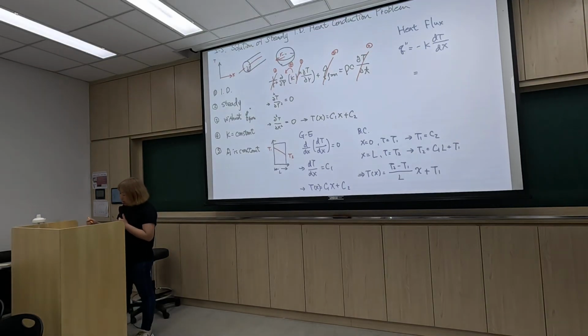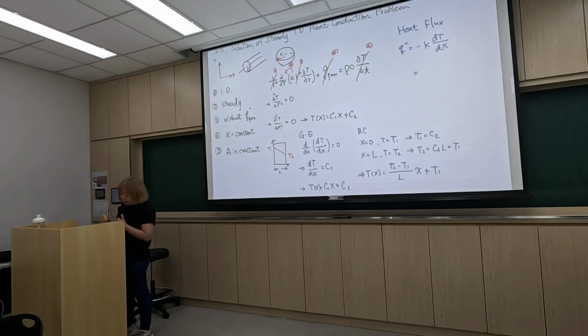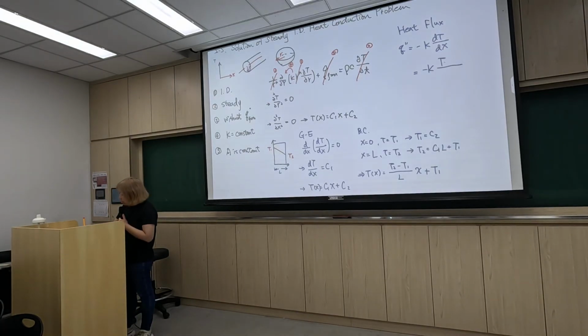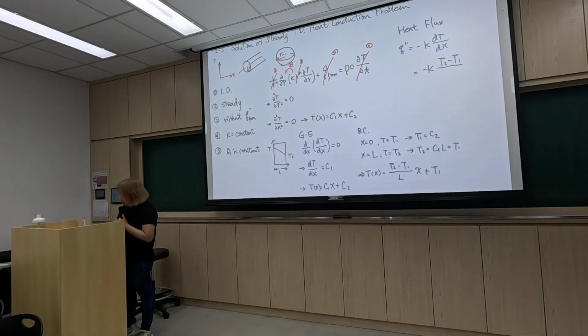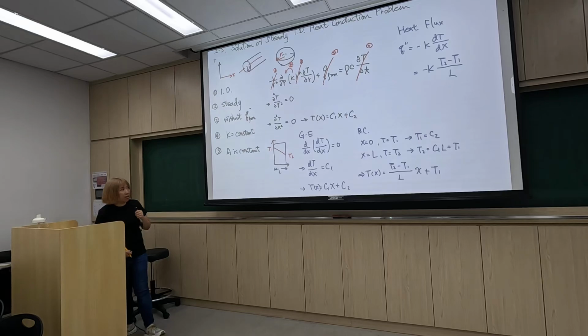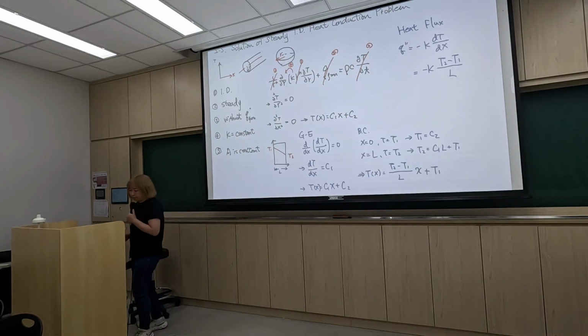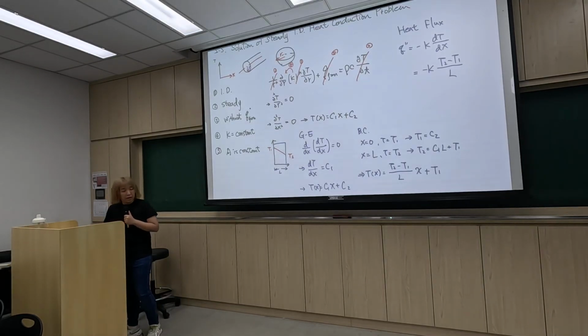Then dT/dx, we can put it down like this. The dT means T2 minus T1, and the dx means the thickness of the material. And that's it.